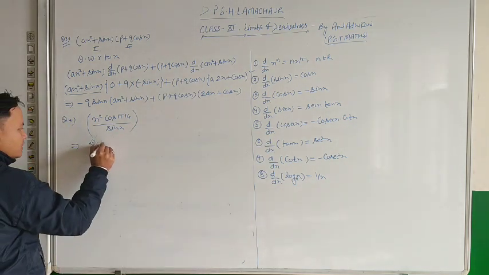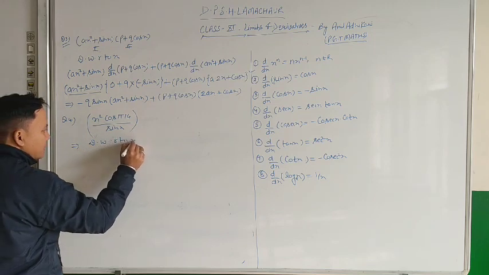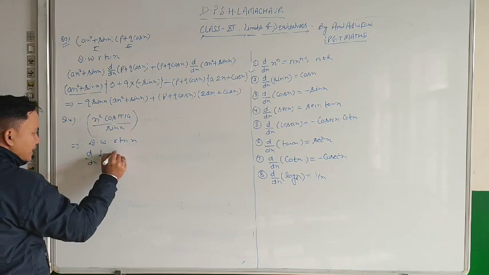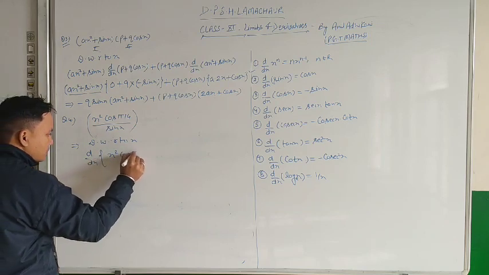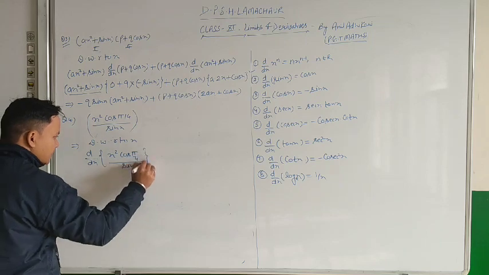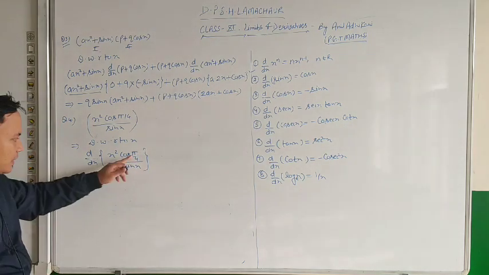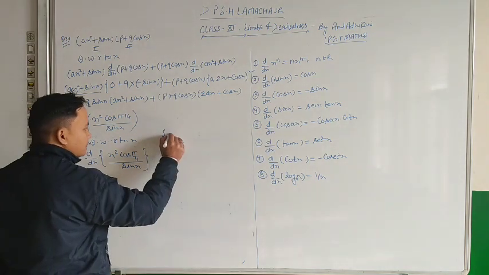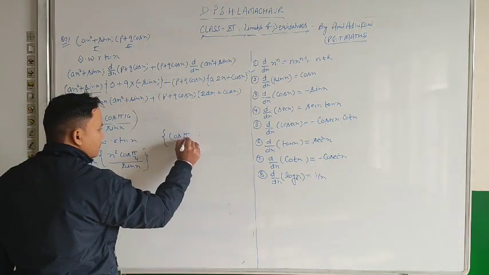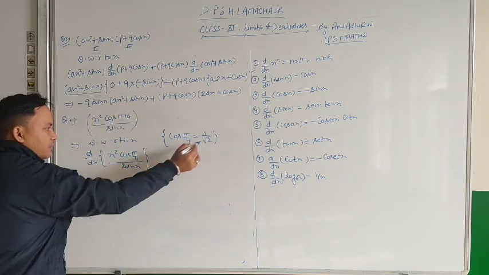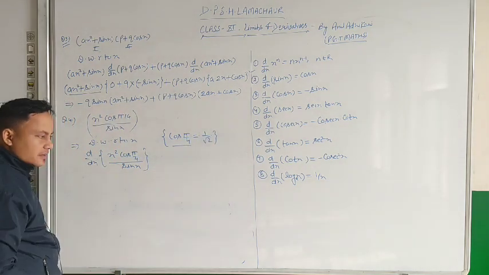So differentiating with respect to x, that is d by dx of x square cos pi by 4 upon sin x. Since you know that the value of cos pi by 4 is 1 by root 2, we can write 1 by root 2 instead of cos pi by 4.